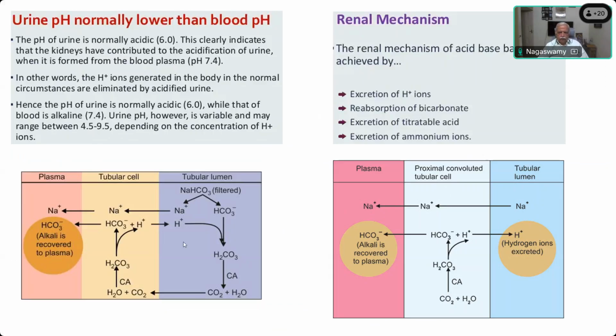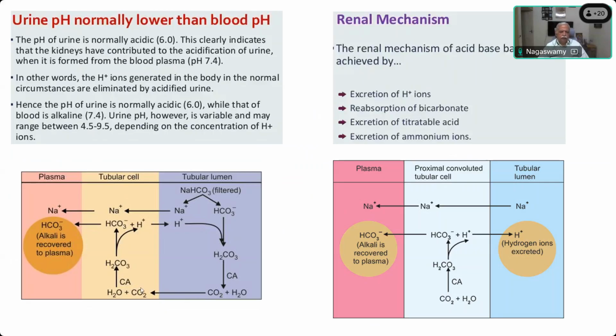Once the fluid passes from the proximal convoluted tubule to the descending loop and ascending loop of Henle, which are called the tubular cells, again sodium is reabsorbed from the filtered fluid, where sodium bicarbonate is filtered. This sodium bicarbonate takes up the hydrogen from the cells, combines with it to form carbonic acid, which breaks down to carbon dioxide.